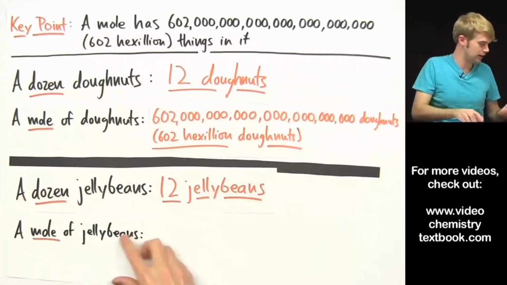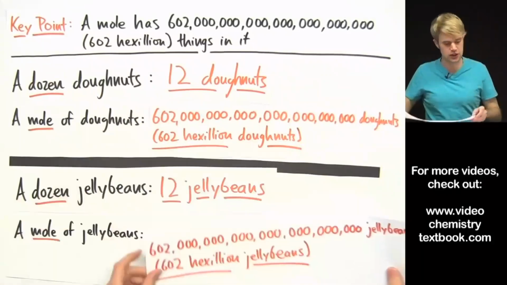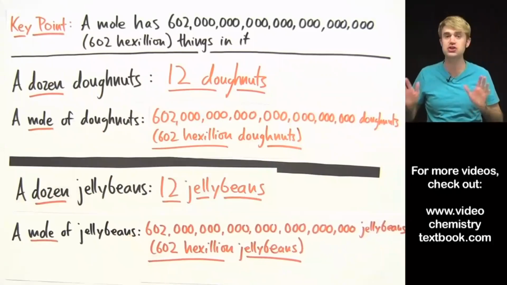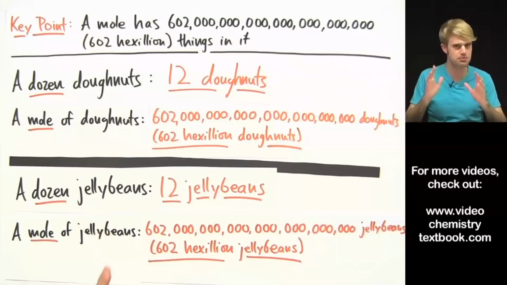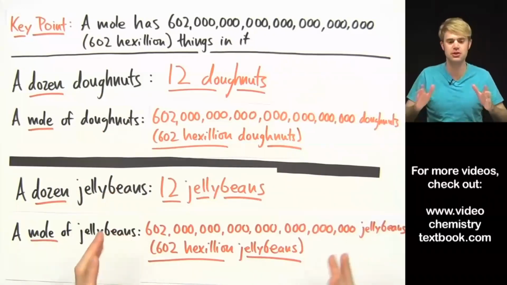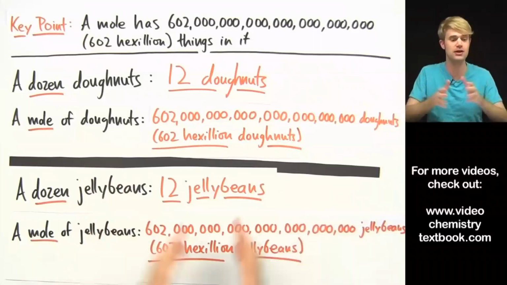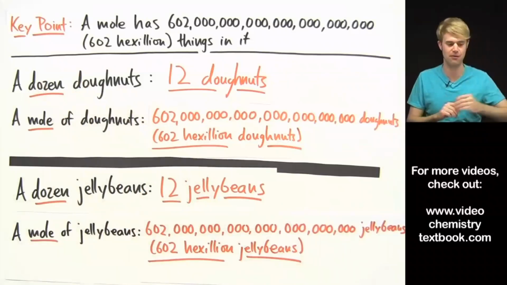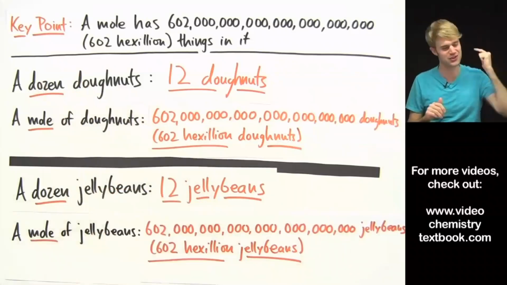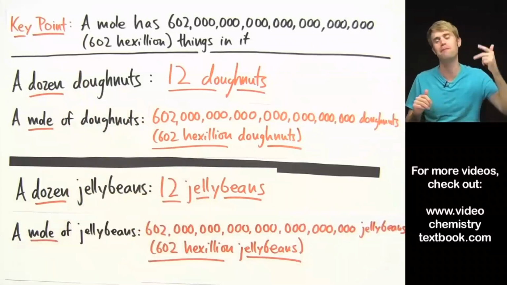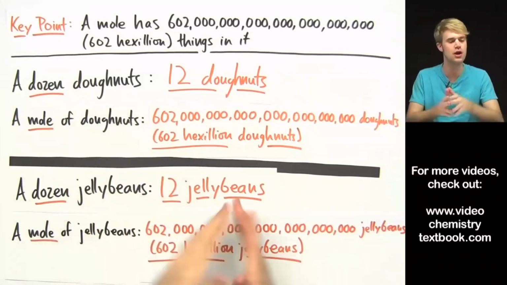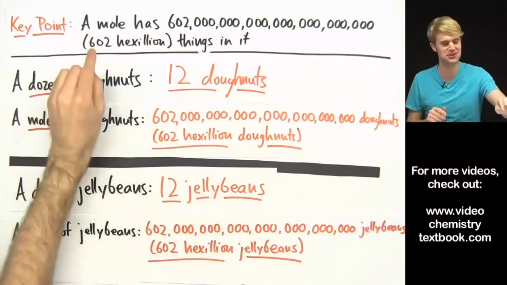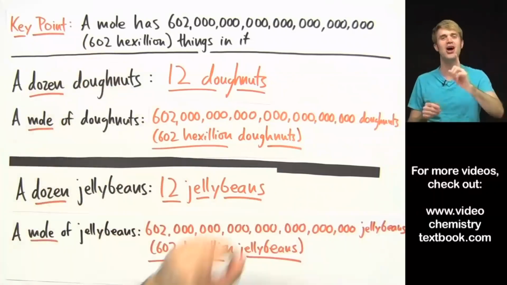And a mole of jelly beans would be 602 hexillion jelly beans. So sometimes people get freaked out about moles, but just remember, they're a lot like a dozen. 12 things in a dozen, 602 hexillion things in a mole. You can have a mole of donuts, a mole of jelly beans, a mole of cards, a mole of paper clips, a mole of bouncy balls, just as long as it's 602 hexillion things, you got a mole.